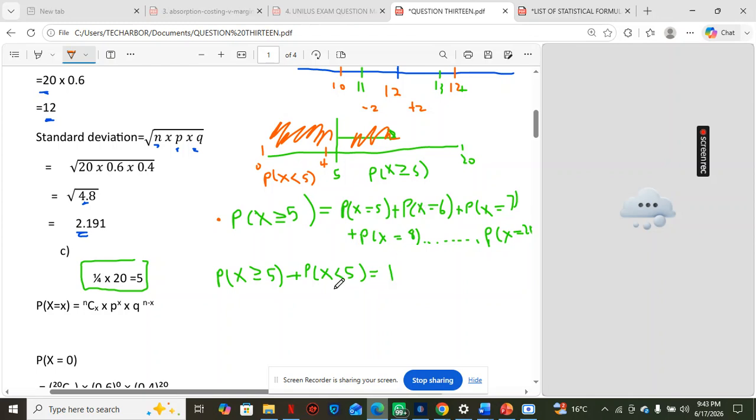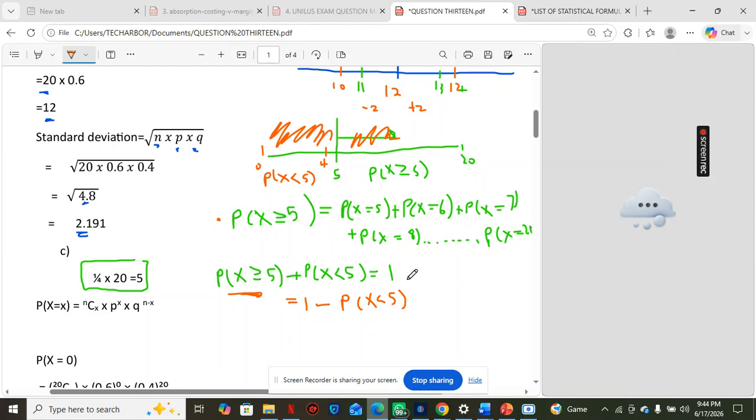Okay. So in order to get the probability that at least 5 students prefer working in the banking industry, it's going to be 1 minus the probability, excuse me, that less than 5 students prefer working in the banking industry. This is how we're going to find this.